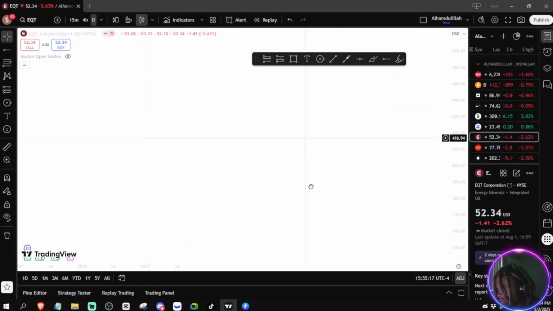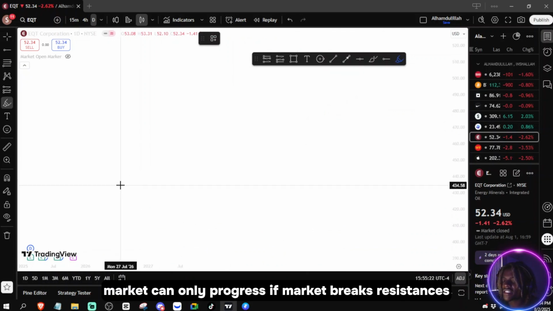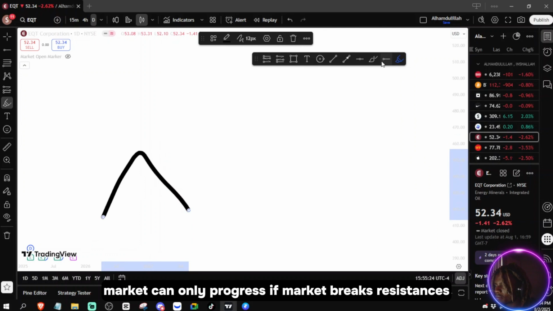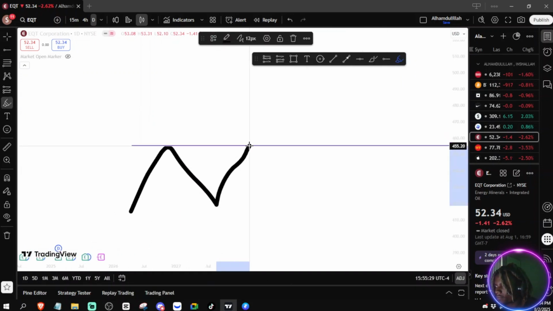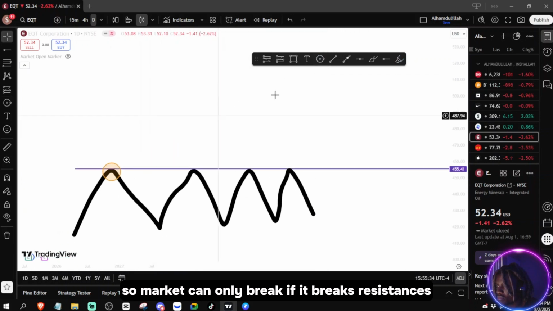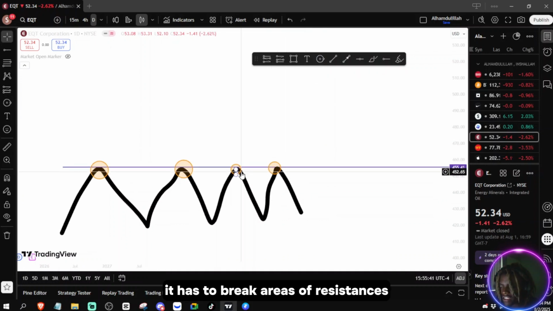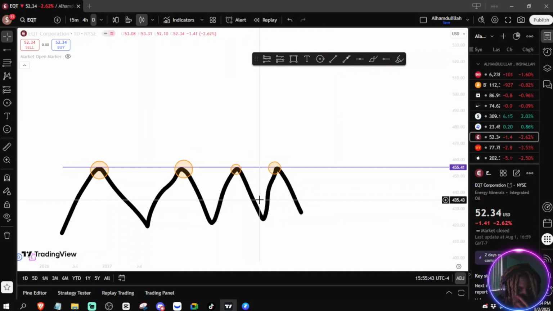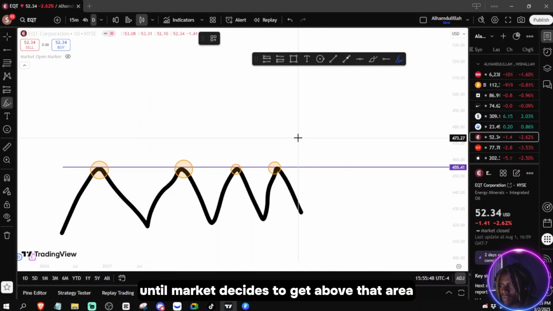And one thing we're going to realize is the market can only progress if it breaks resistances. That's the only way the market can progress. It has to break areas of resistance. Otherwise, people are just going to keep selling in that same area until the market decides to get above that area.